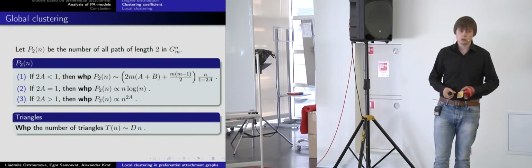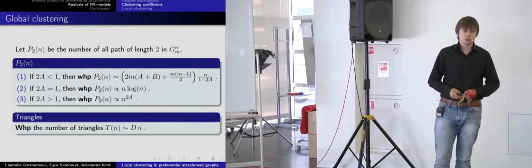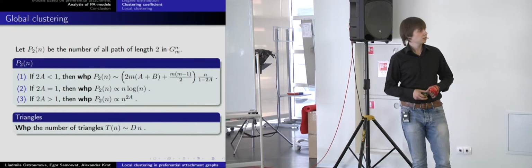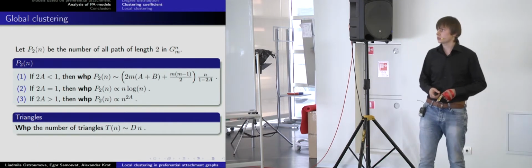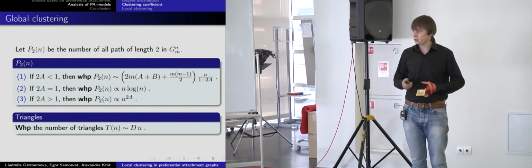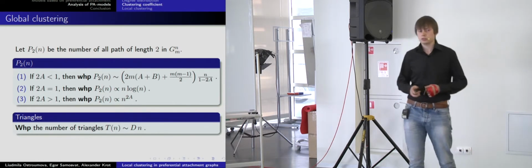Second, we should estimate the number of triangles in our graph. As you remember, at each step in preferential attachment models, we add a constant number of triangles, D triangles, and after n steps, we have D multiplied by n triangles.